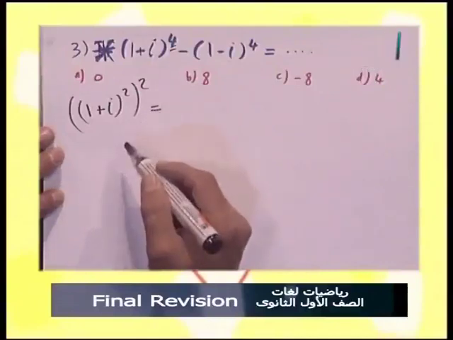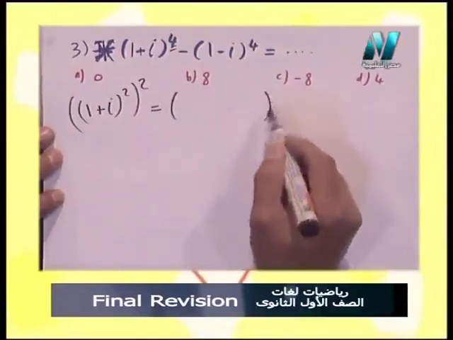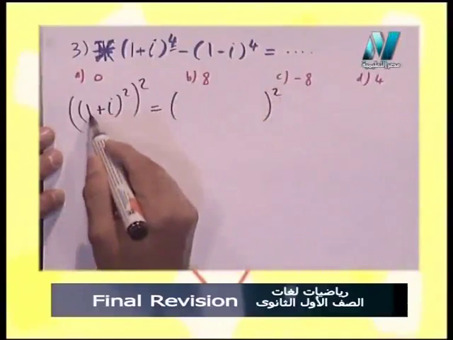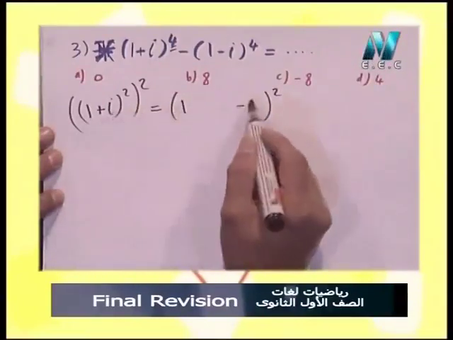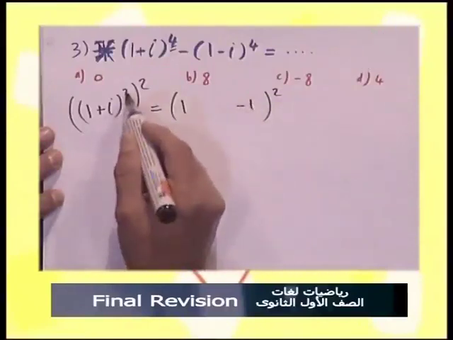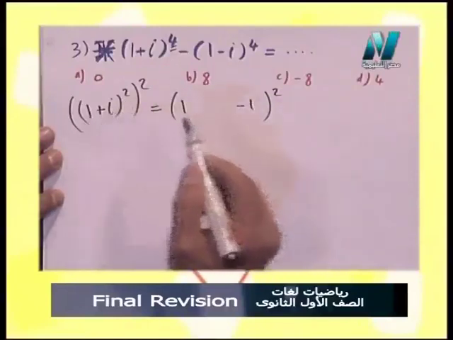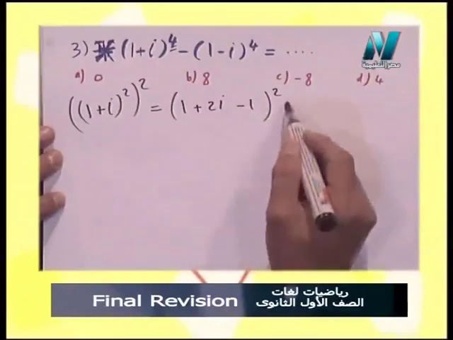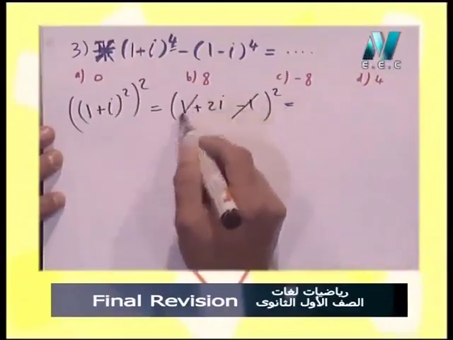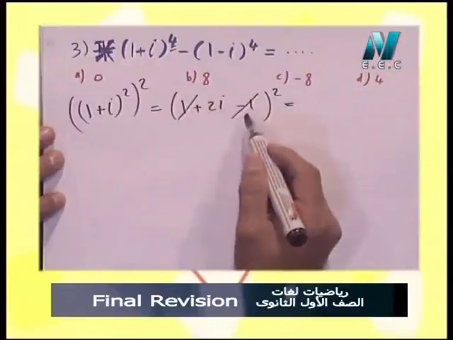And this is equal to 1 power 2 equals 1, and i power 2 equals negative 1, and 2 multiplied by 1 multiplied by i equals positive 2i. Okay, negative 1 cancels with 1, or 1 plus negative 1 equals 0.